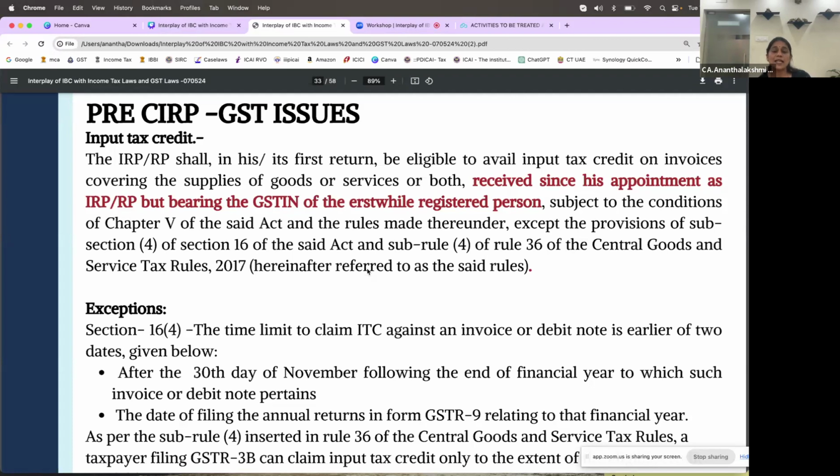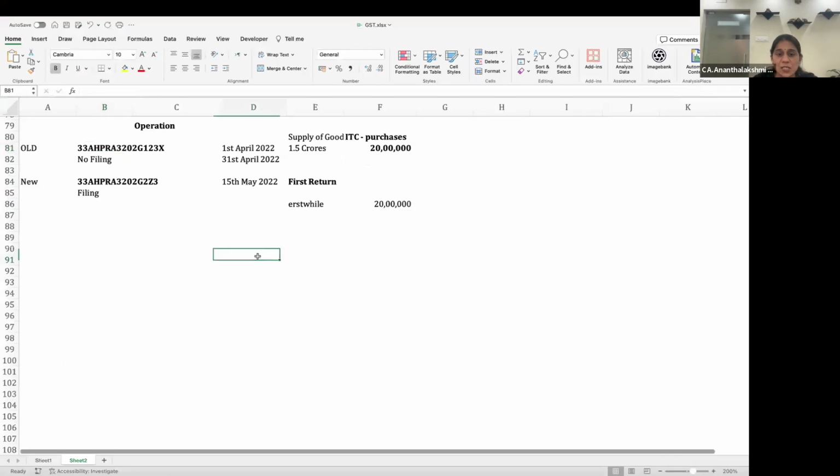The maximum permitted time is the 30th day of November following the end of the financial year to which the invoices or debit note pertains. That means the maximum permissible time is that you have to claim your ITC for the previous year. For the running financial year 2024-25, we can claim the ITC that has been missed during this period up to 30th November 2025.